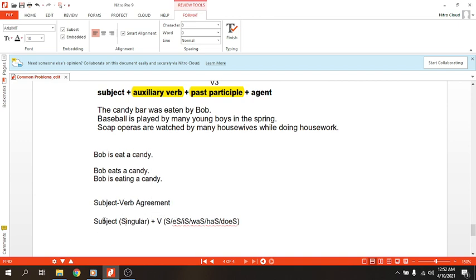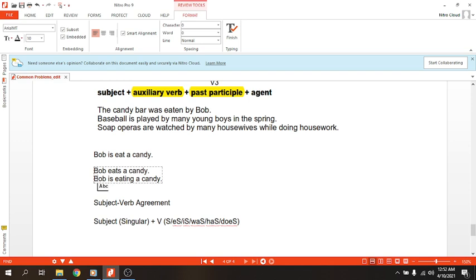So here, if the subject is singular, ini tips yang sering saya kasih dari waktu ngajar bimbingan. Jadi kalau subjeknya single, ada s-nya di situ, maka verbnya juga ada s-nya. Entah kayak ini, it's, atau dia pakai is, eating, right?